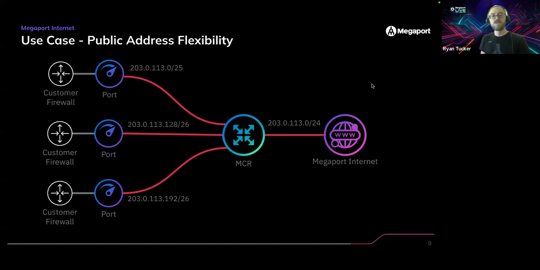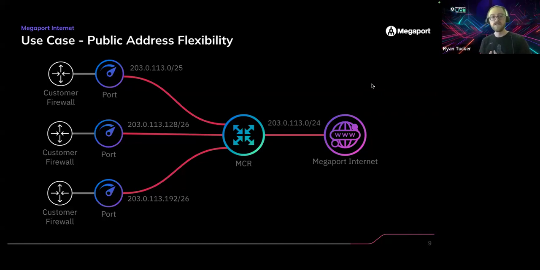What you can do is terminate the Megaport Internet service, rather than directly to a port on your own equipment, onto a Megaport Cloud Router and have it terminate the public BGP, and then run internal private BGP sessions between your firewalls in your data centers and the MCR.